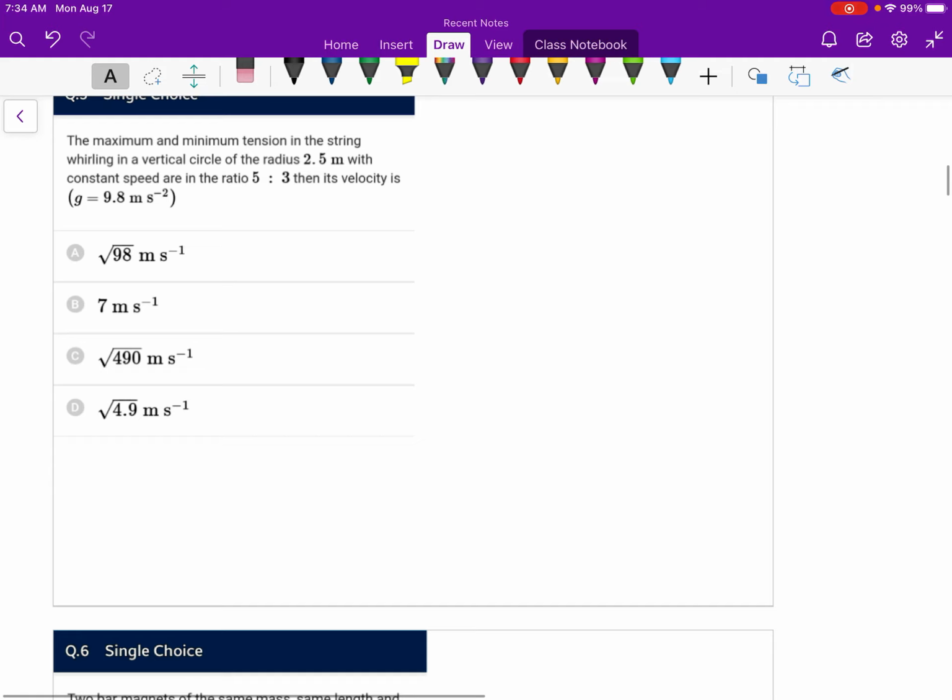The maximum and minimum tensions in the string is this, with constant speed. Mind you, speed is constant and ratio is 5:3, radius is 2.5, then its velocity. So we know maximum tension will be at the bottom point. This is maximum tension, Tmax, mg, and Tmax minus mg is equal to mv square by L. So Tmax is mg plus mv square by L, and minimum tension is at the highest point.